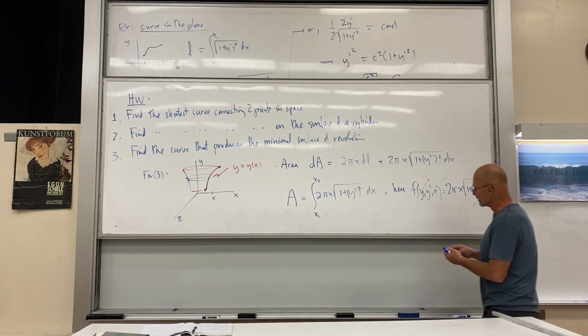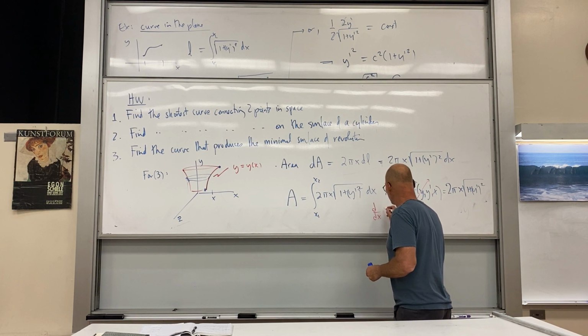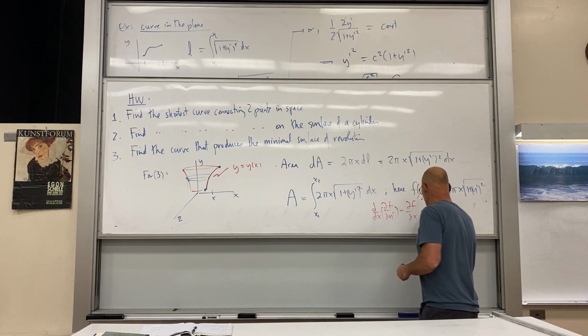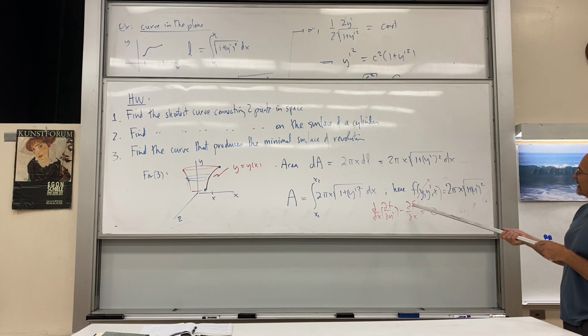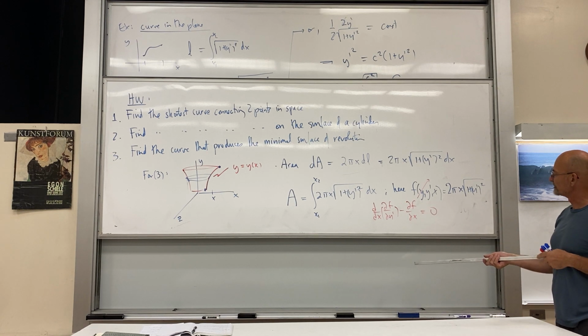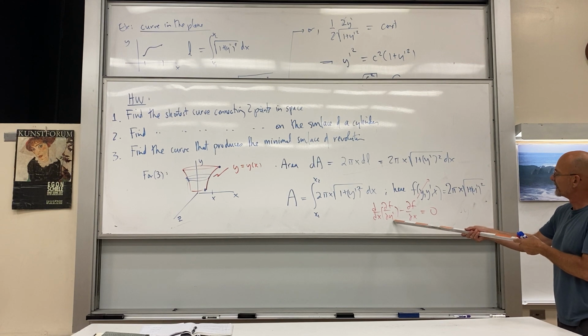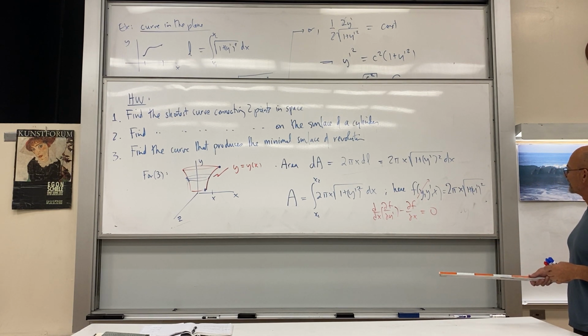Let's write out the Euler-Lagrange equation just so we have it right in front of us. d/dx of df/dy prime minus partial f/partial x equals 0. So once again, this derivative is actually equal to 0, so that this thing here is equal to 0, and we're solving the problem similar to how we did last time.